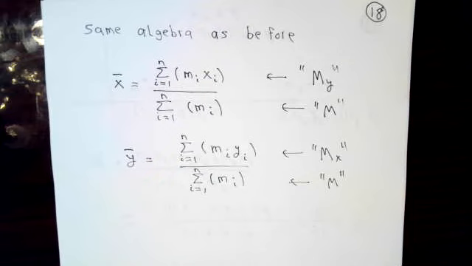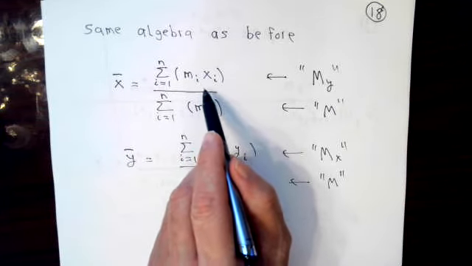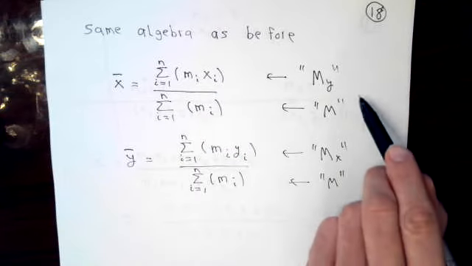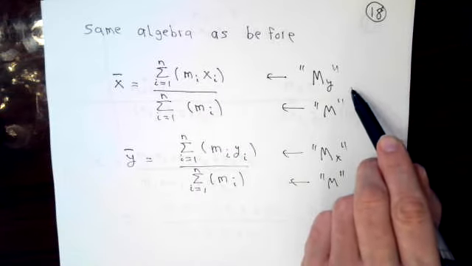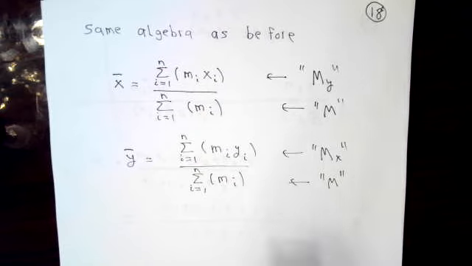Naming conventions are, we call the bottom of the fraction capital M, which is sensible enough. It's the total mass of the system. These numbers are masses times how far out from the y-axis I am. So people bizarrely call this the moment about the y-axis for that reason.